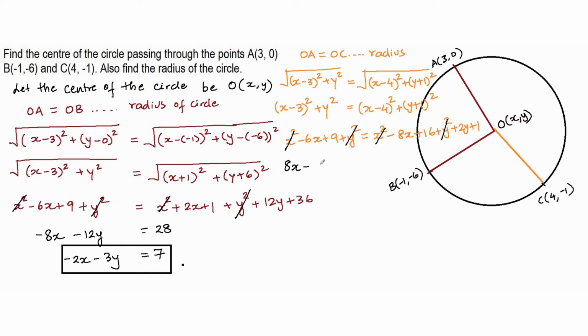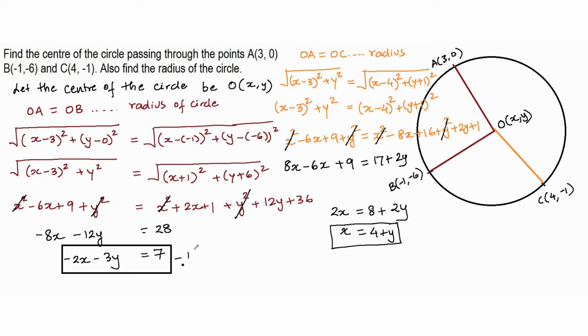So I get 8x minus 6x plus 9 is equal to, I have 16 plus 1 is 17, 17 plus 2y. So I get 2x is equal to 8 plus 2y. Dividing throughout by 2, I get x equals 4 plus y. And this is my second equation.